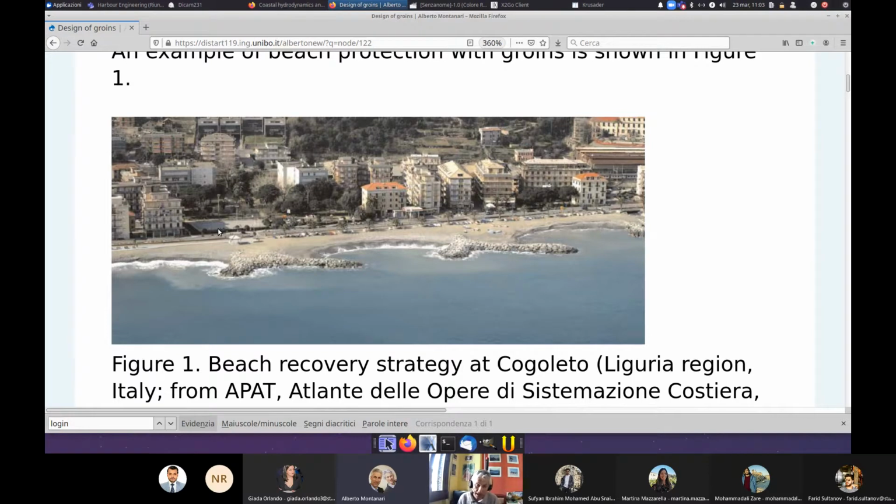it's clear that this was stimulated by the presence of the groins. And if you look at the updrift direction, as I said, the waves are traveling from the right to the left, you see that the deposition of beach gets close to the top of the groin. Close, but not really to the top. In fact, this is something that we have to keep in mind. Usually, the new shoreline doesn't reach the top of the groin, but it gets to a distance from it.